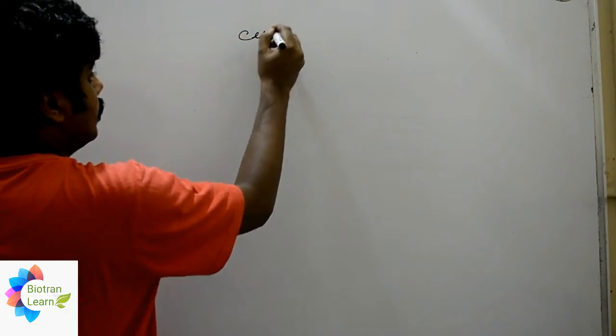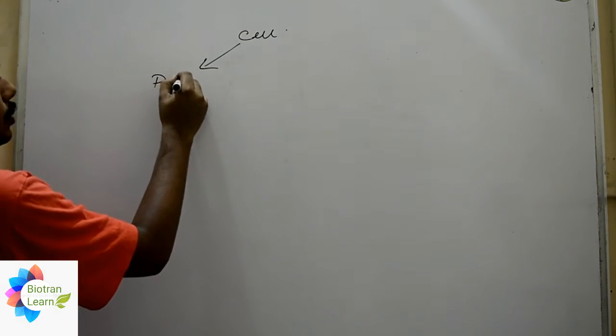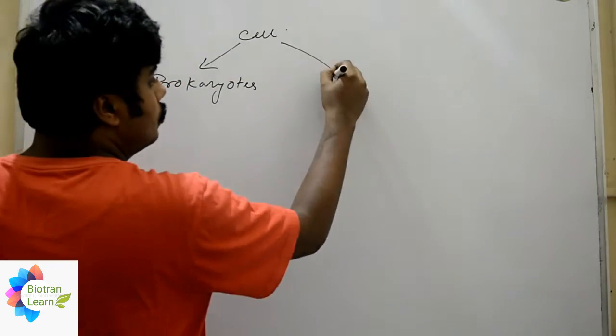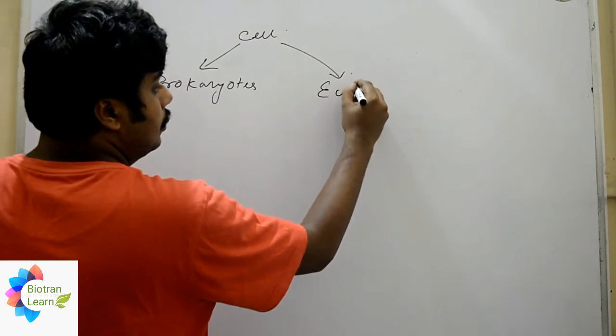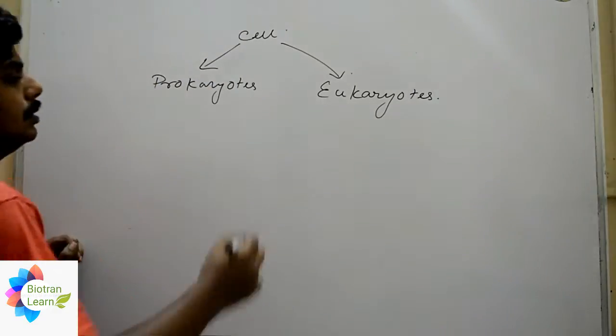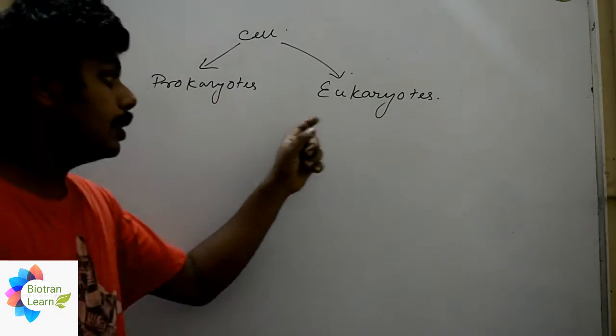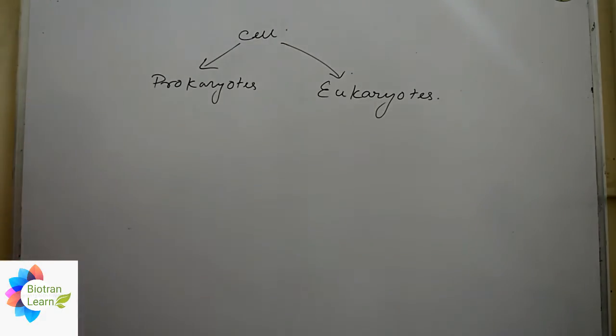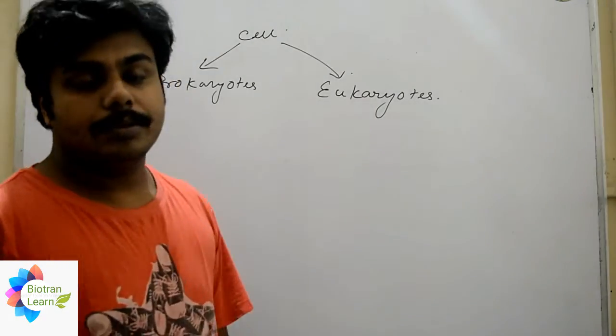So cells we can divide into prokaryotes, and number two, eukaryotes. Now, what's the difference between prokaryote and eukaryote? So, prokaryotic organisms, right?